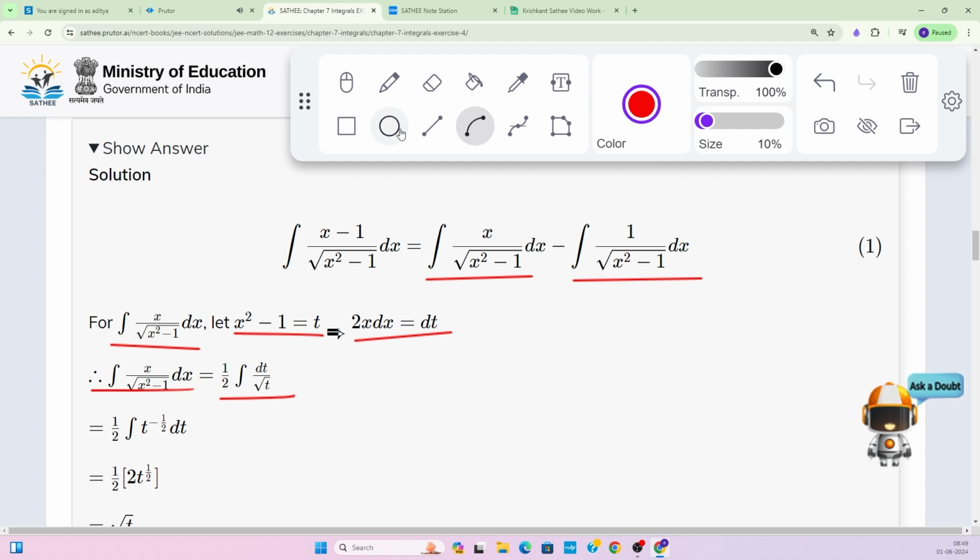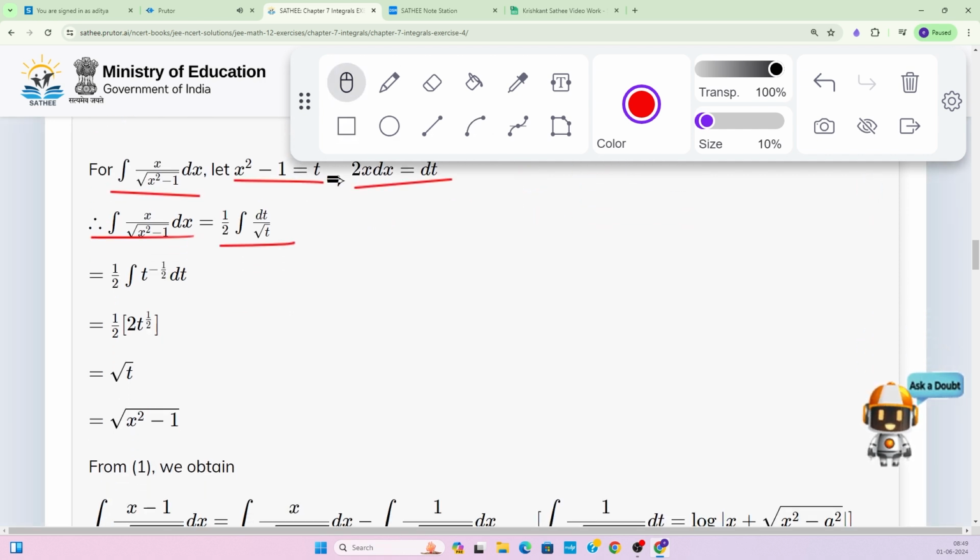As you can see, root t can be rewritten as t power minus half. This means using the integral rule, you can get half of 2 times root t, which means just root t. Substituting back your t value, you will get your final answer for this integration. We are talking about this integration only.